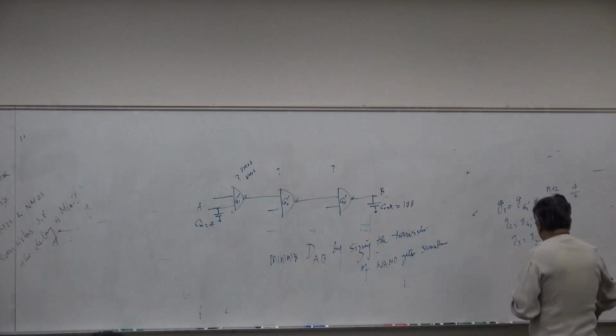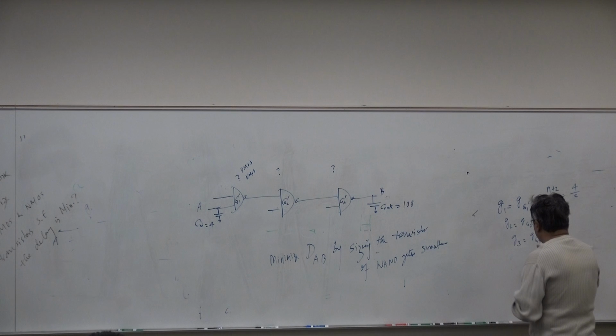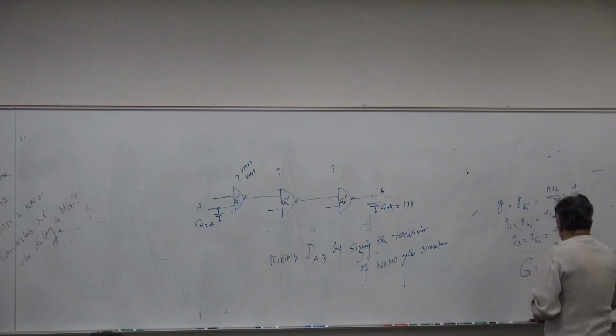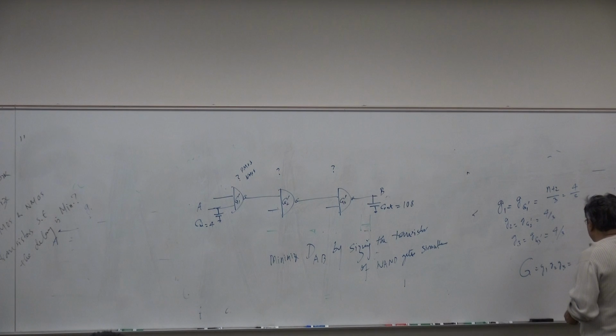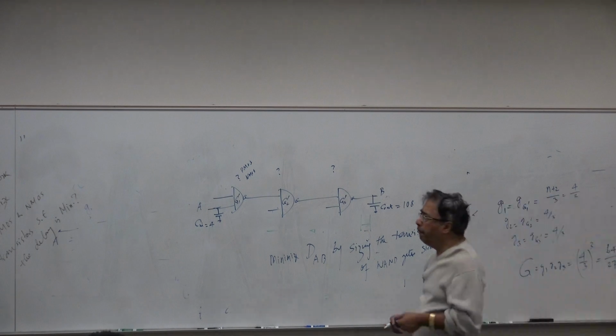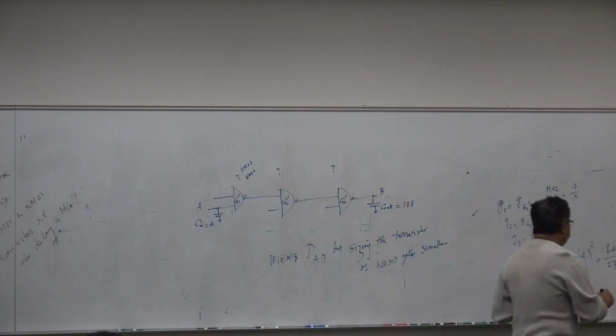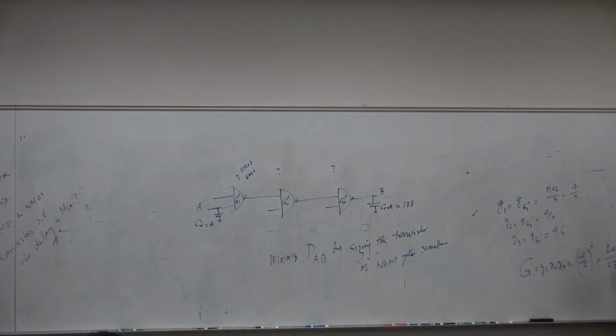So the capital G, which is G1, G2, G3, is equal to 4 by 3 to the power 3, which is 64 by 27, and that happens to be 2.37. Okay.